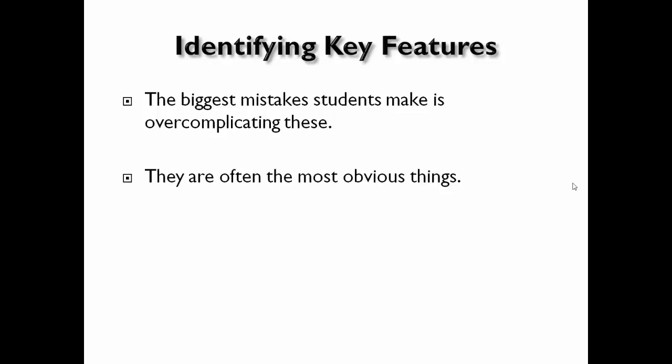Students think that IELTS is very, very difficult, therefore the answers to the question must be difficult, they must be complicated, the answers must be complex. In Task 1, the key features will be the easiest things to spot. And for some reason, students find this very difficult to understand. So I'm going to demonstrate to you with lots of examples later how you shouldn't overcomplicate these and how they are the easiest things to understand.